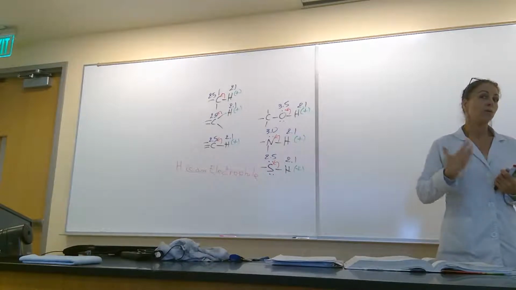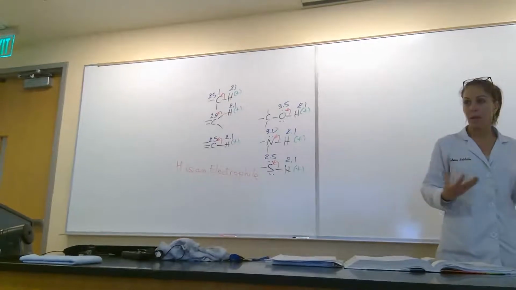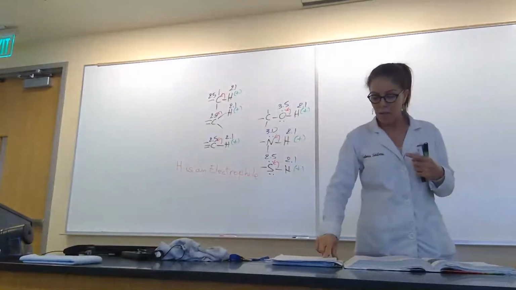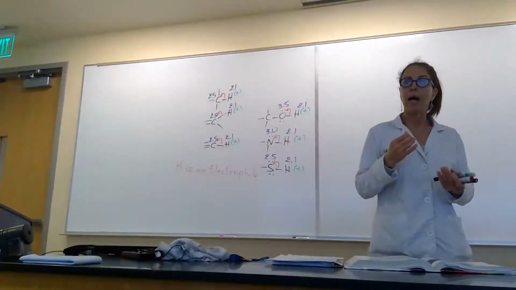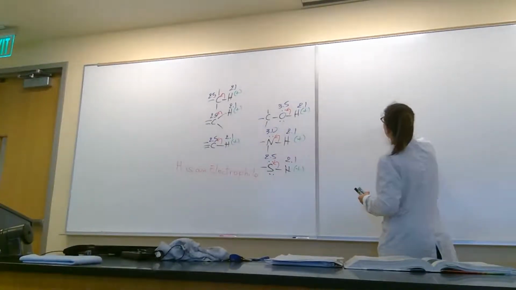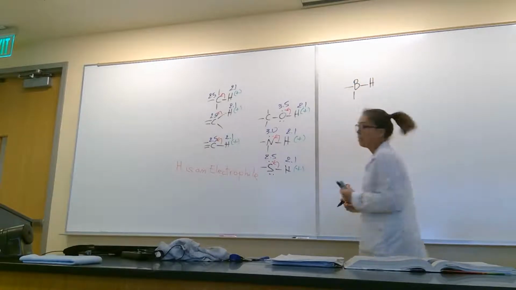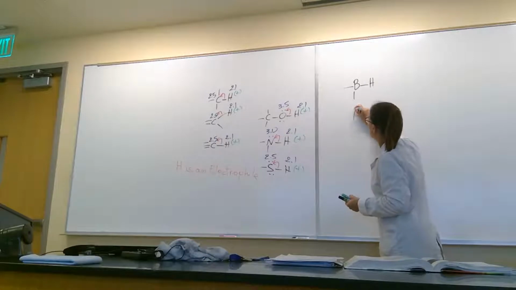So what do I do to make it negative? Put it next to a metal, something big. Okay? So the minute you see hydrogen attached to a metal, you already understand that the hydrogen now will take the electrons. So we have, for example, BH3. You have also an aluminum.